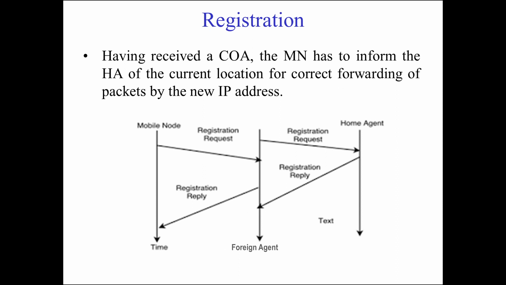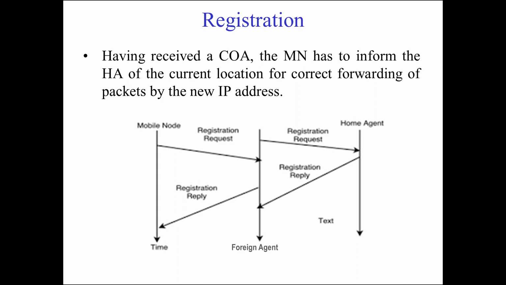And the next supporting service is registration. When a mobile node is moving from the home network to a foreign network, it gets a care of address from the foreign agent. Its important job then is to inform that care of address to the home agent, because when the home agent receives any packet, that packet should be forwarded to the mobile node.